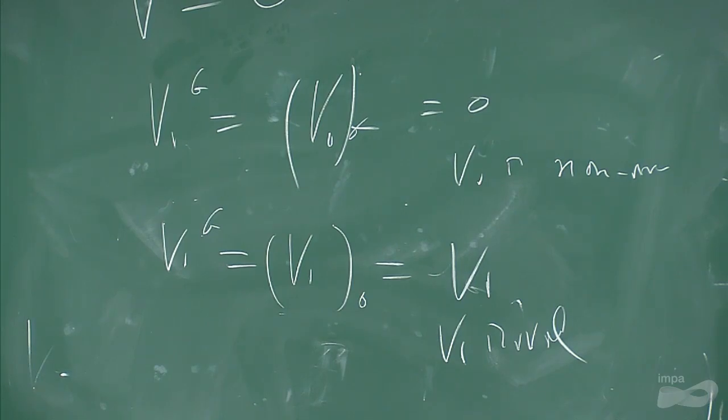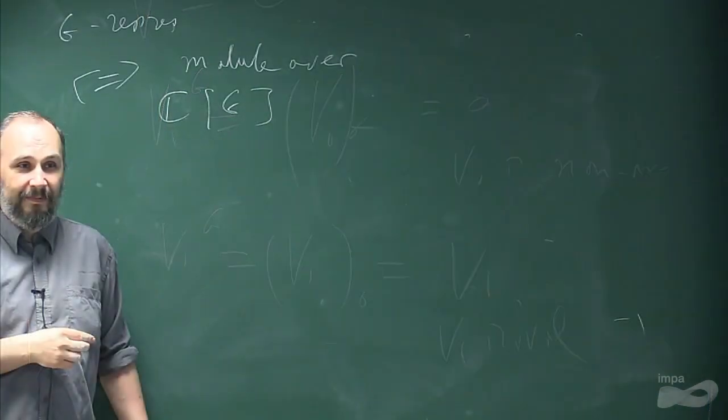So a G representation is the same as a module over the group ring, over C or R or whatever. Do you know what it is? No? Who knows?